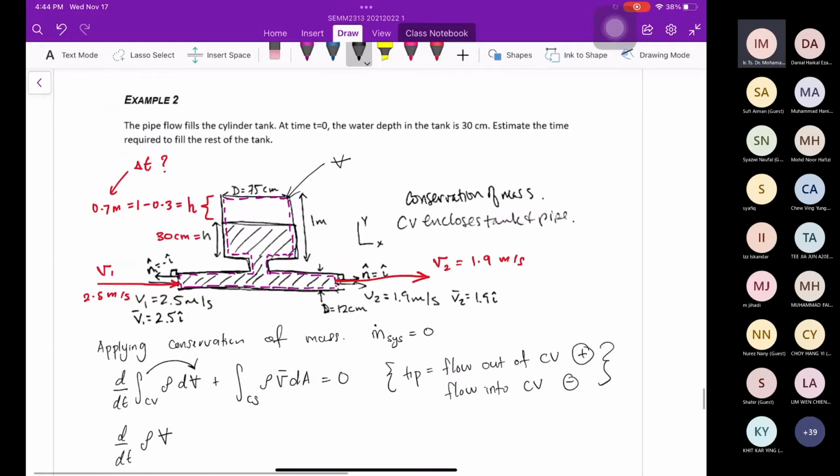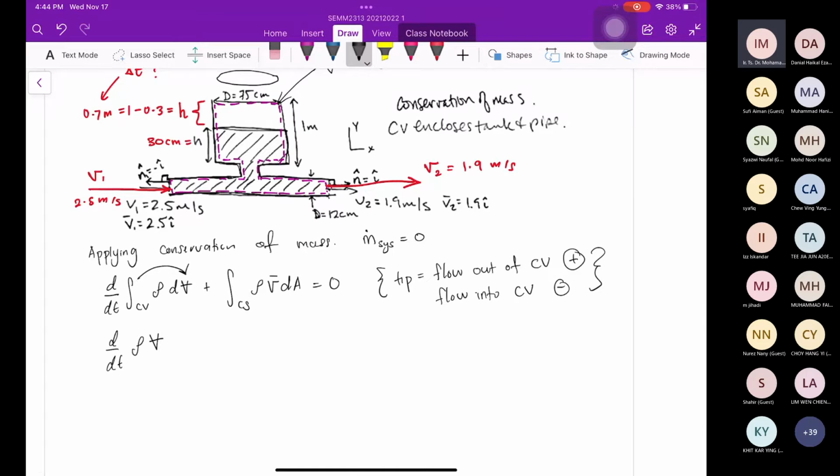So what is the volume of this? Definitely area multiplied with H, the area of this multiplied with the height. We got the volume, so I replace it here with A H, plus, for this part, the control surface.